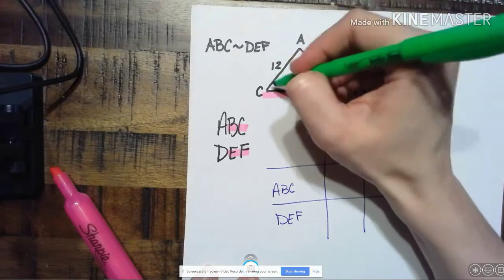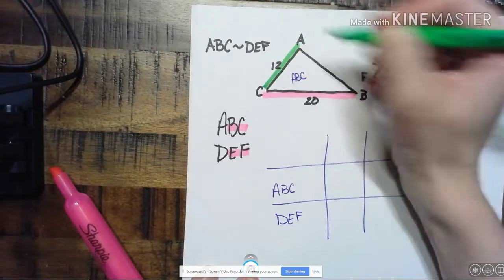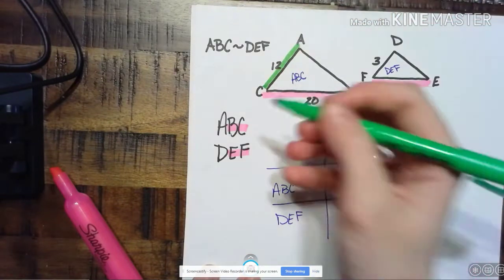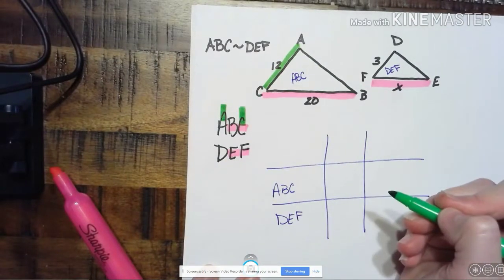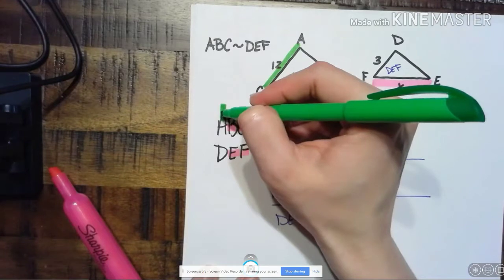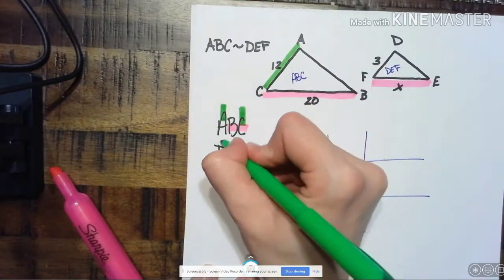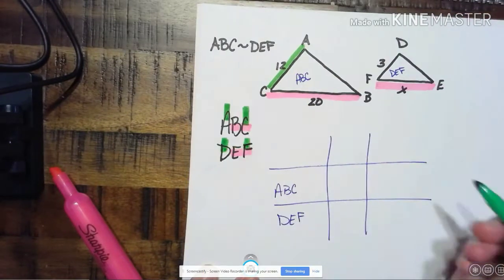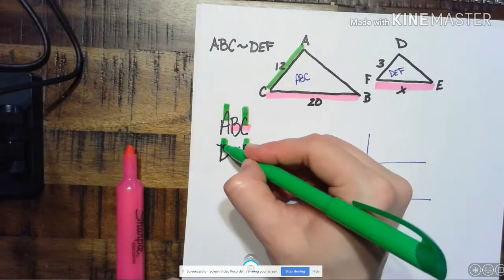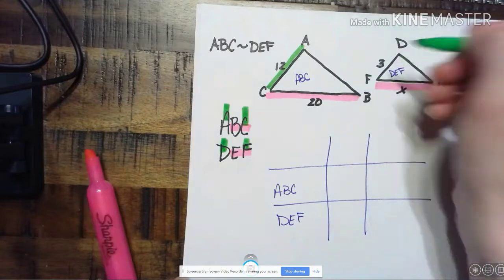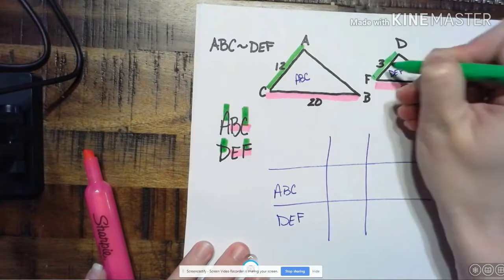So here I've got AC. So how we did this, we highlighted A, we highlighted C. So we highlighted the first and the last letter, which means we have to highlight the first and the last letter here. And I tell them it's like connect the dots. So I've got a D and an F, so I have to connect the dots from D to F.